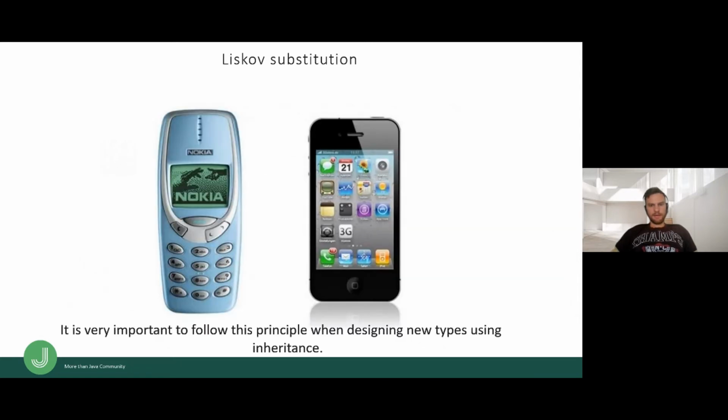So, for example, if you have two different implementations of a phone, they still behave in the expected way. If you press a green button, it will make a call. If you press a red button, it will stop a call.